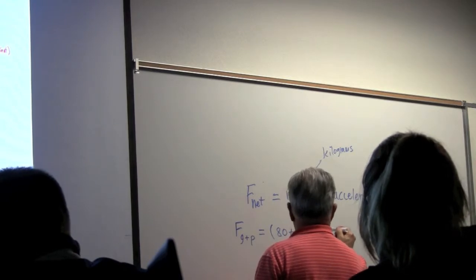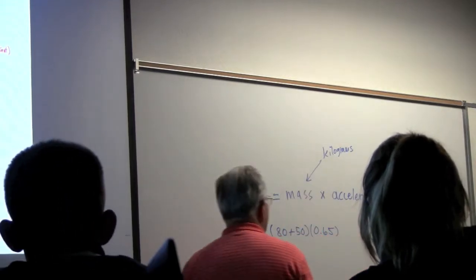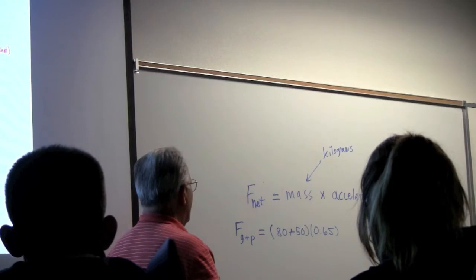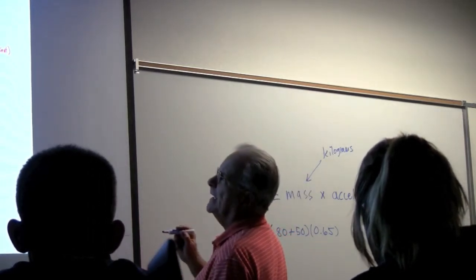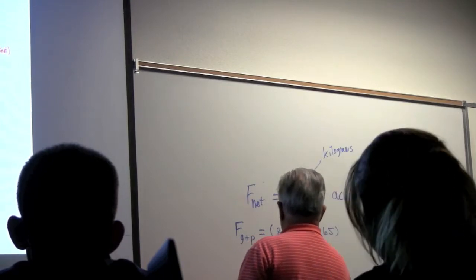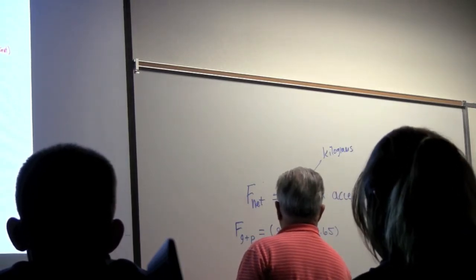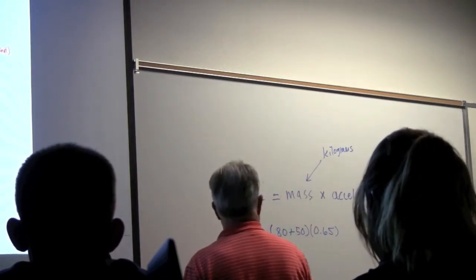We know they're moving at this acceleration. That's what we got before. So that's going to be that force. And that comes out to be about 58. So 58 newtons of the 100 is that.